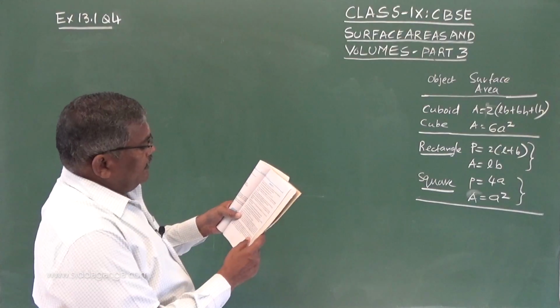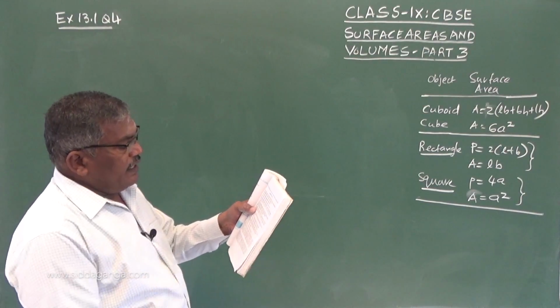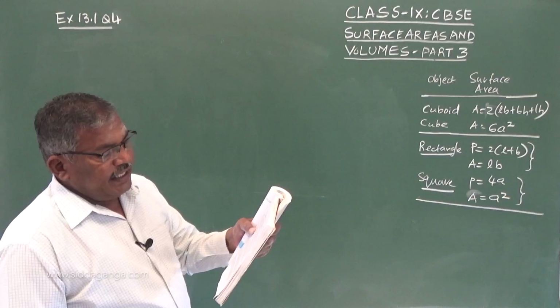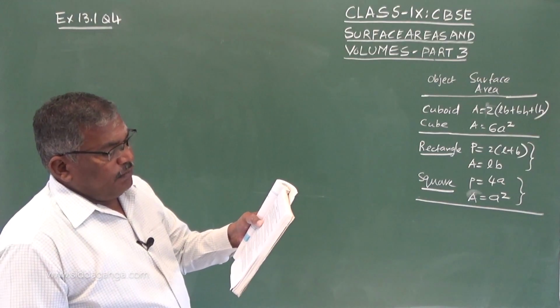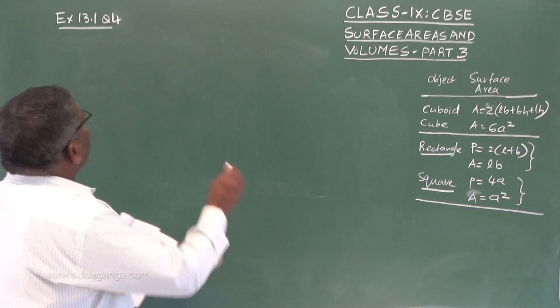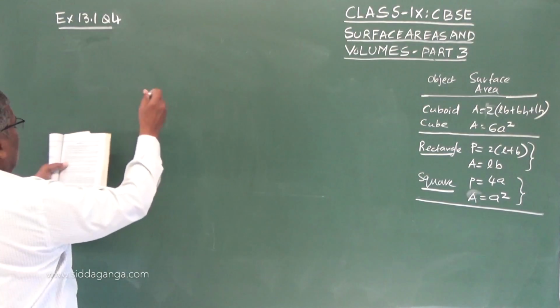The paint in a certain container is sufficient to paint an area of 9.375 square meters.